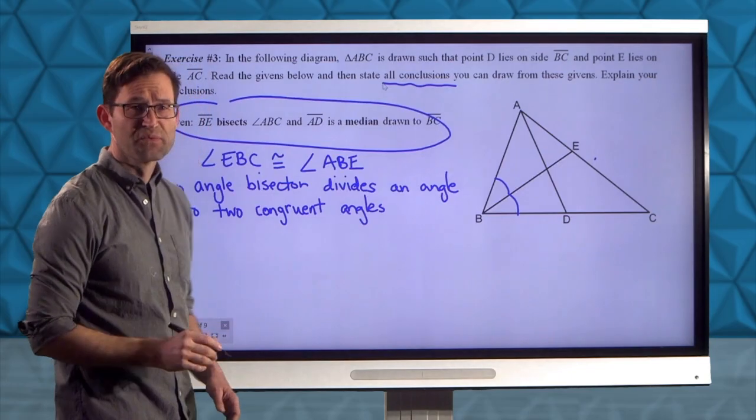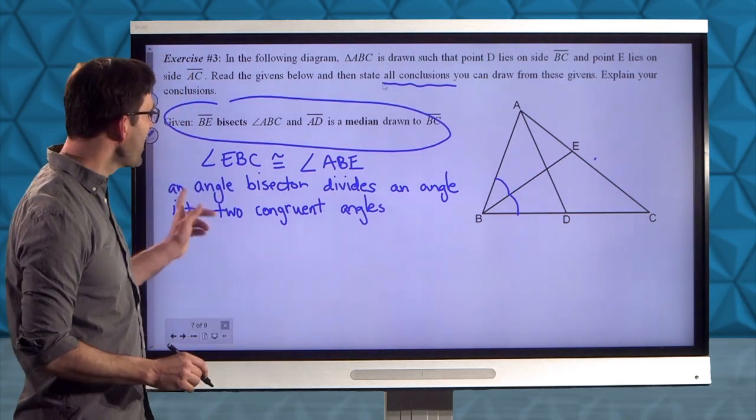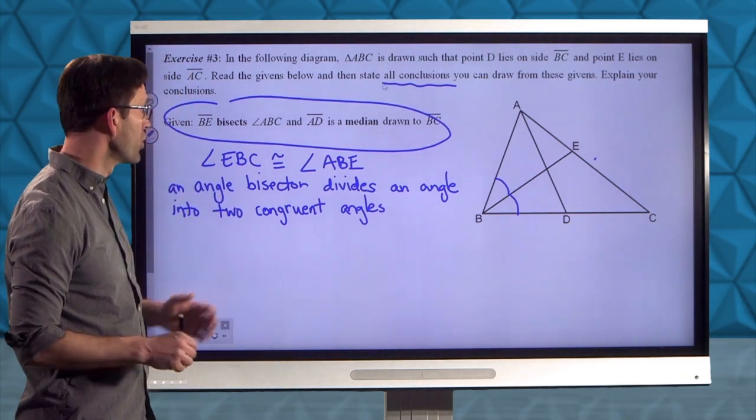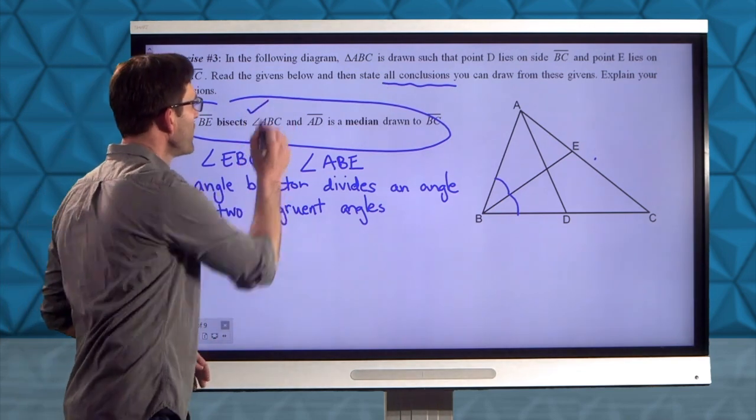Right? Took me a little bit to get that written out, but an angle bisector divides an angle into two congruent angles. So that's this one.